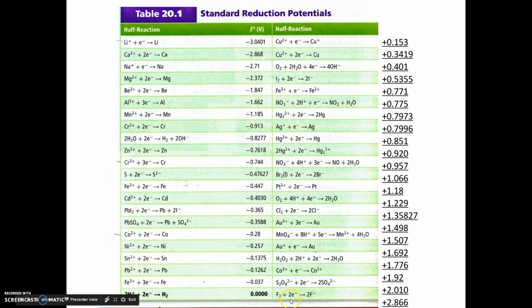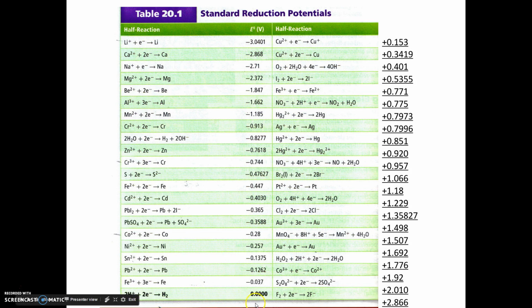Fluorine wants to gain electrons. Oh yes, fluorine is the most electronegative element on the periodic table. So does it want to gain electrons? Yes, that's why it's a positive value. You don't have to force it to do it. It wants to do it. All positive values are things that want to happen. And the negative values are there because they don't really want to, but they'll do it if you put them in the right spot.